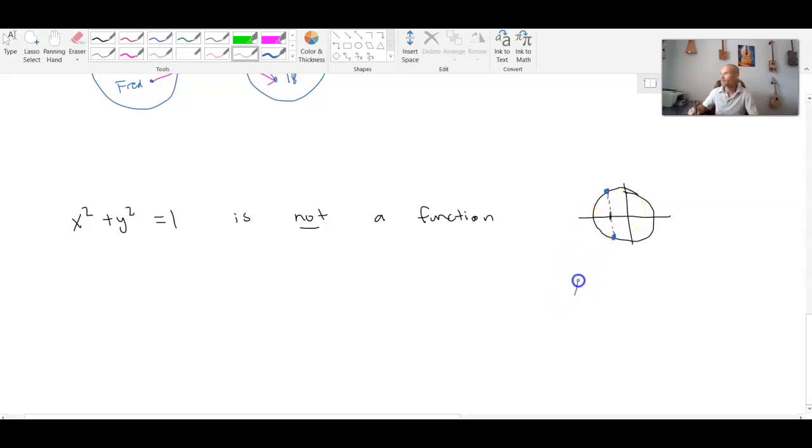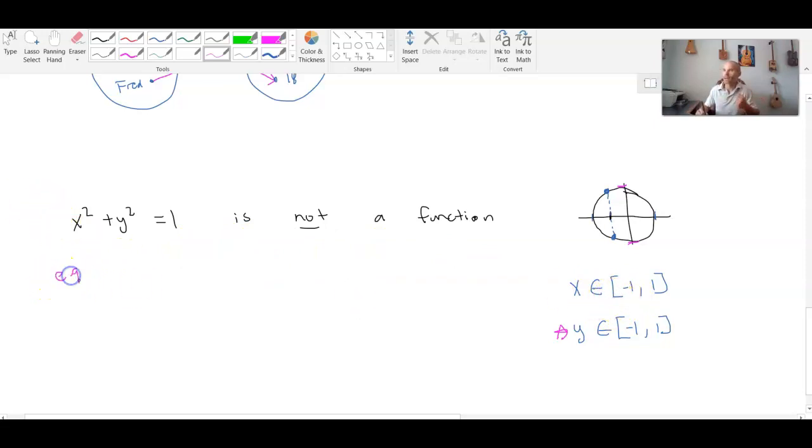So for that input we're going to have two different outputs, and that's where the problem occurs. Now x is in the range between -1 and 1, meaning that for the unit circle x can go as far as -1 and as far as 1 to the other side. Now y is going to be an element of the set from -1 to 1 as well, because this guy fluctuates. Y can go anywhere between -1 and +1. So we know that if I plug in an x, it will definitely produce a y.